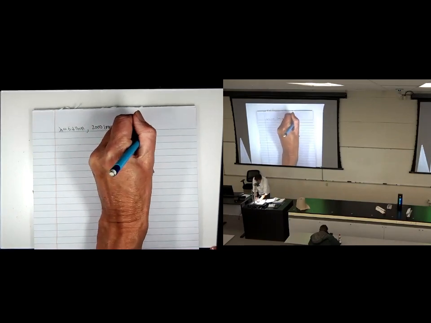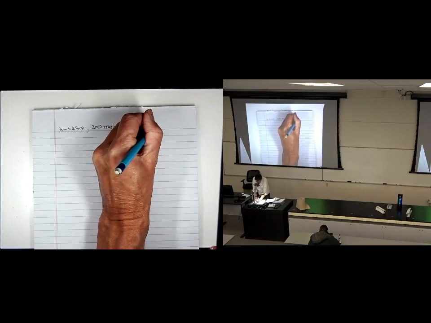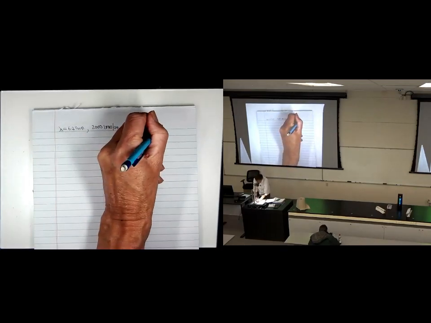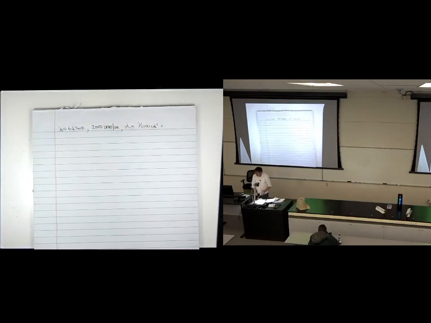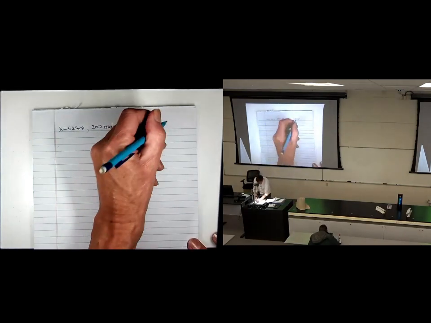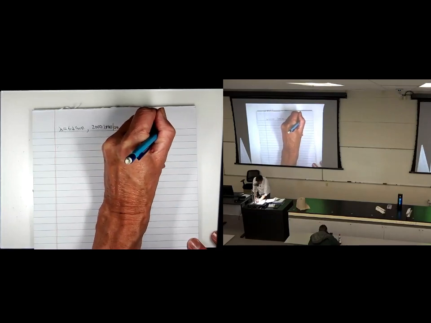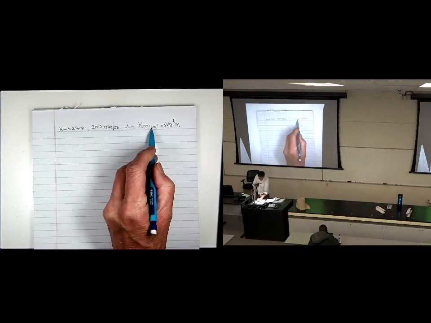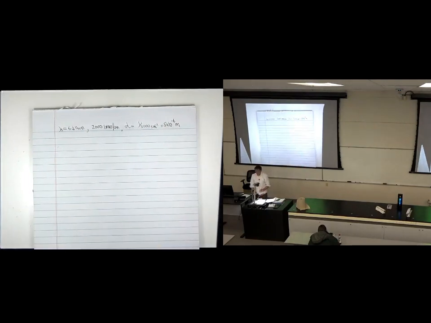So if I put in here 2,000, it's 2,000 lines per centimeter. The units are per centimeter. 1 over that number comes out to be 5 times 10 to the minus, I'm going to put it in meters, 6 meters. So the units of this quantity in the denominator were inverse length, inverse centimeters.